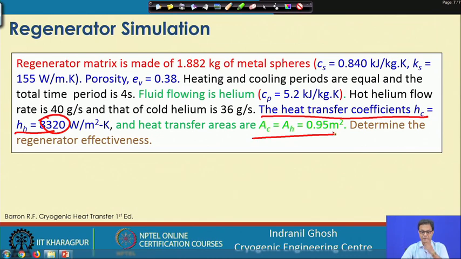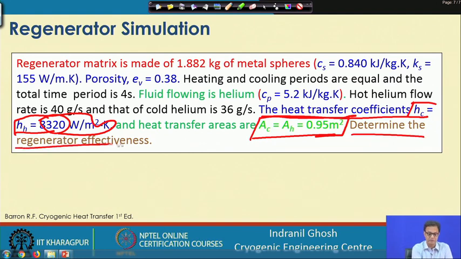Here the material properties are known, the heat transfer surface area is known, and its other properties are known, so that we can calculate the heat transfer coefficient. What we need to find out is the effectiveness, the regenerator effectiveness, and we have been told about the other parameters.